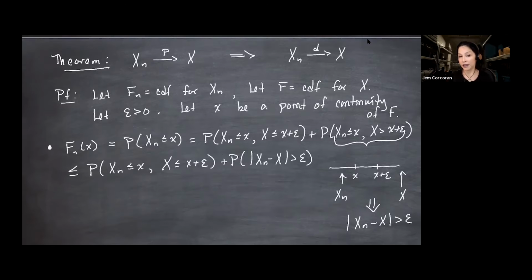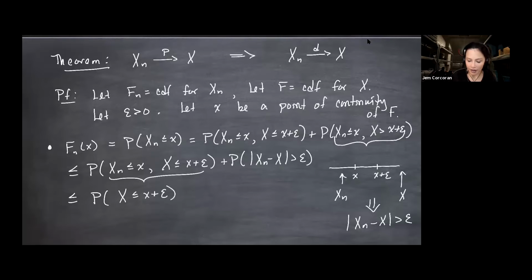I could have done this all in one line, but I wanted to make sure you can find where the inequalities came from. I can make this even larger: in this first intersecting probability, two things have to happen. And any one of those things happening alone would have a greater chance of happening. So that probability there is less than or equal to the probability that X is less than or equal to x plus epsilon.